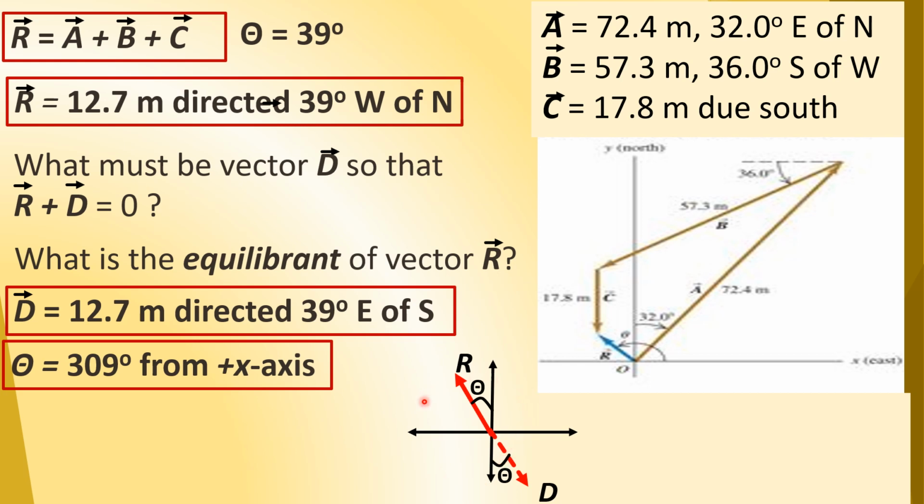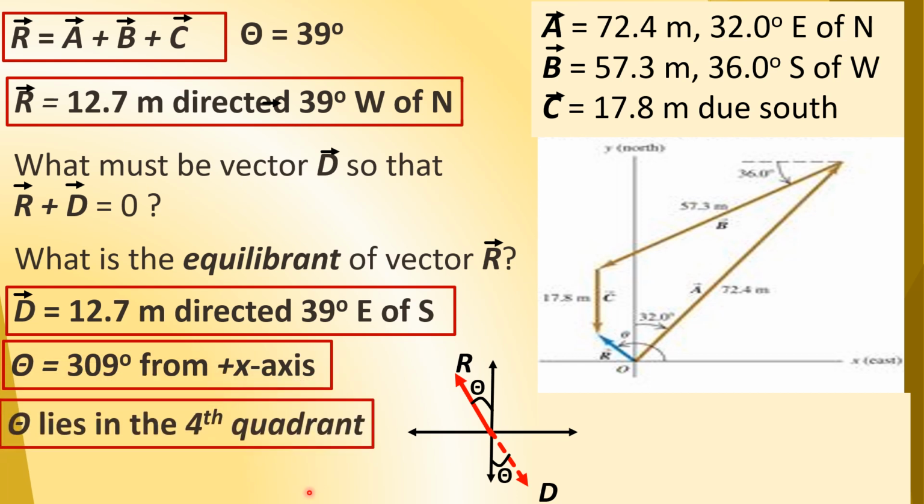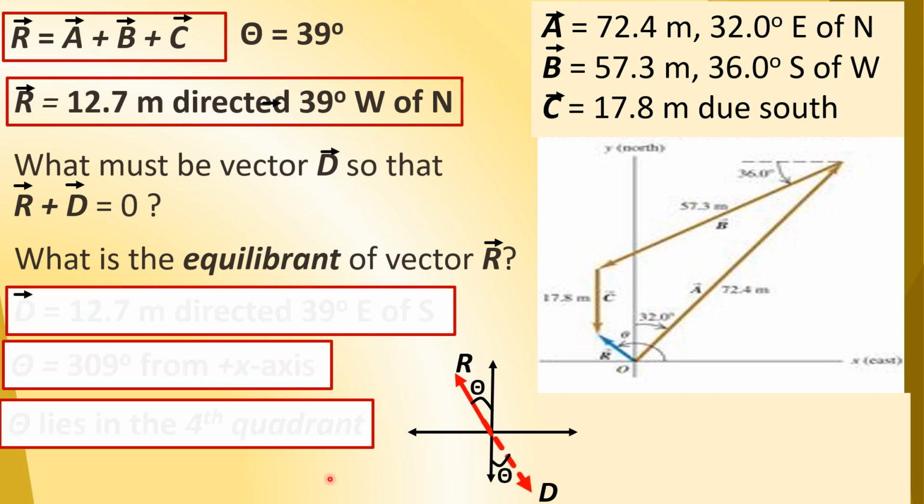Upon reaching this south or the negative y-axis, you exactly have 270 degrees. And if you add 270 plus 39 degrees, what you get in fact is 309 degrees. Where is this angle? It is an angle that lies, of course, in the fourth quadrant.